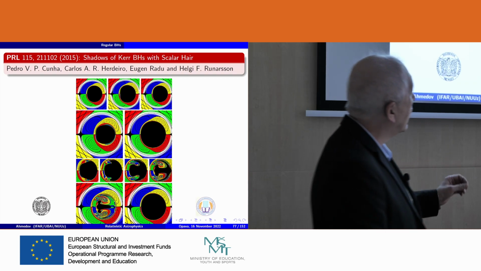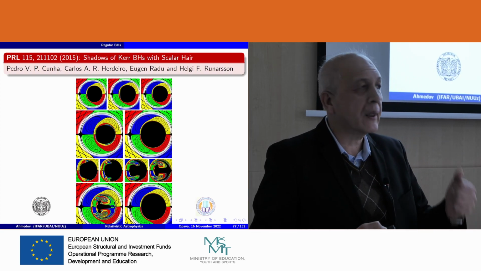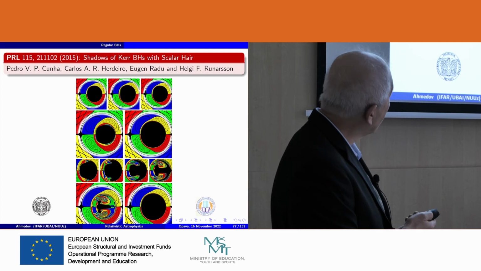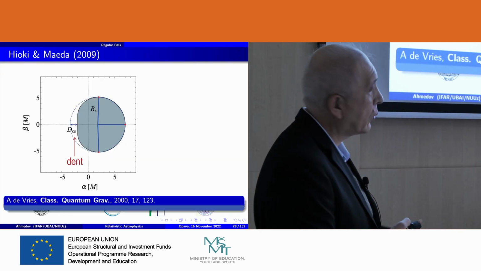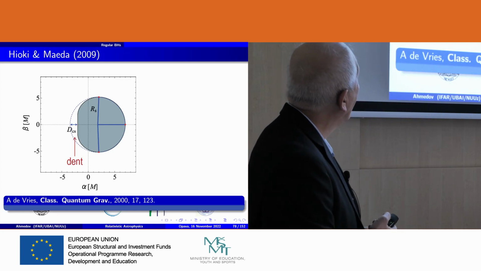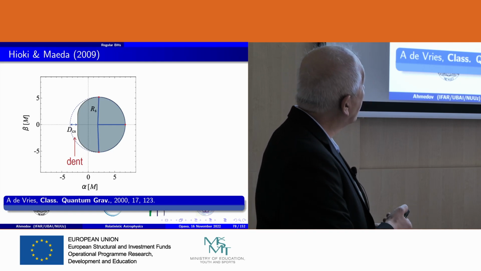So the shape of the standard black hole will be changed. And then the question is how to describe this. Do we need some new formalism to describe the shape of the shadow of the black hole?